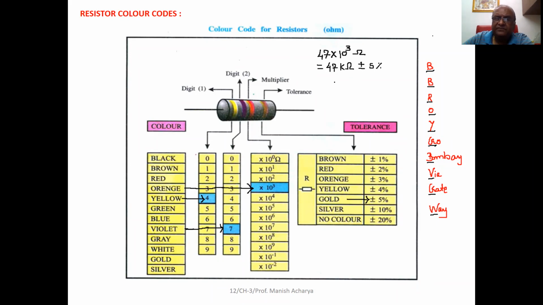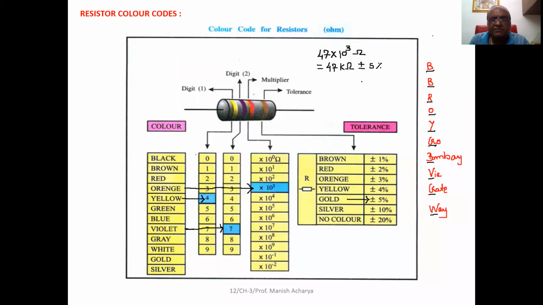If you use the resistor in the circuit, and the variation of voltage and current is such that the ratio V to I gives a variation of 5% in this particular value, up to that this resistor can work properly.